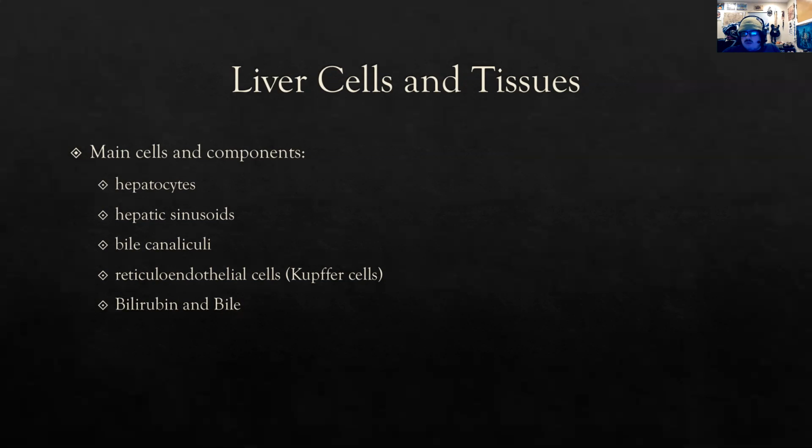Bile canaliculi are where the bile is going to leave from into the portal system after they are created by the hepatocytes. The bile canaliculi are grooves in between the hepatocytes, and they flow from ductules to ducts, and then eventually to the right and the left hepatic duct, which merges and exits the liver as the common hepatic duct.